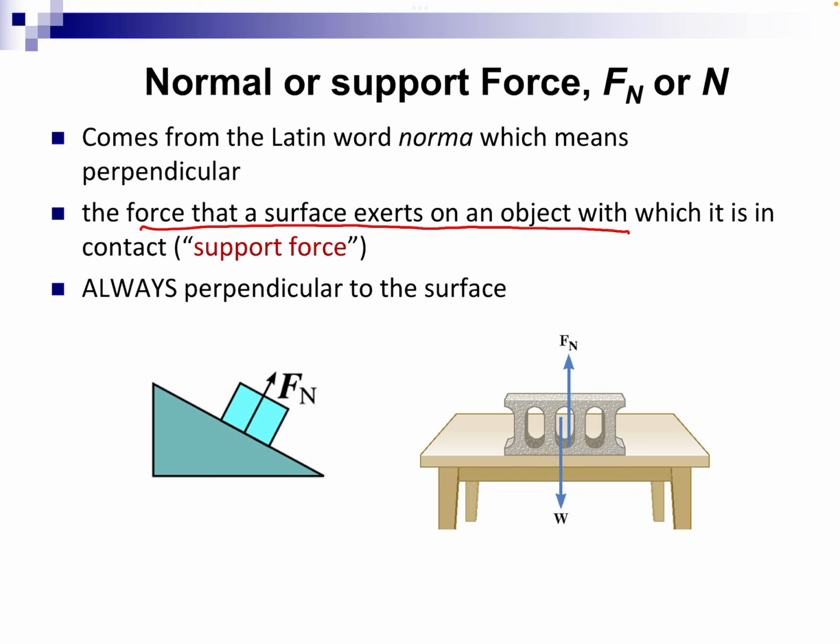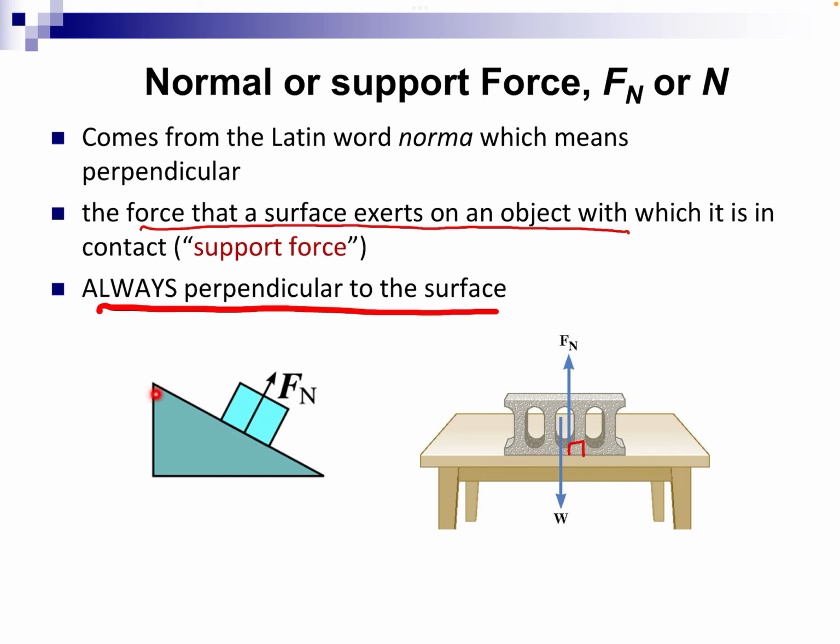The support force is always perpendicular to the surface. Okay? It's easy to see if the object is on a flat horizontal surface, then we can easily see that the normal force is perpendicular to the surface that's supporting it.